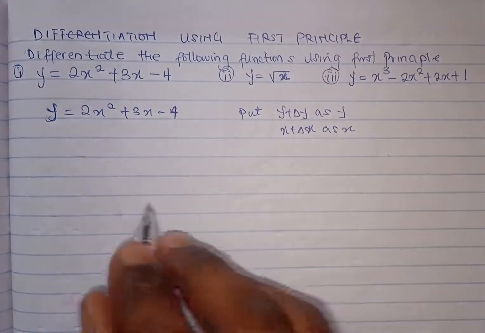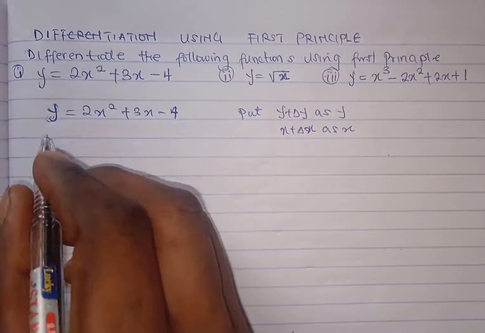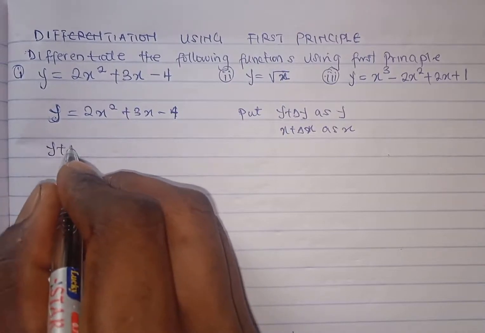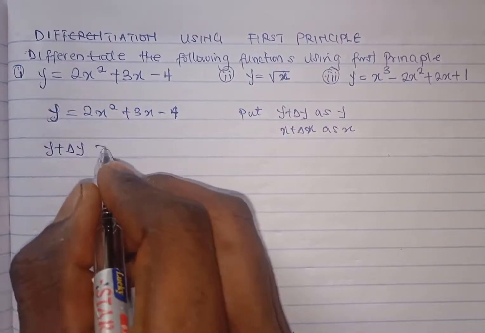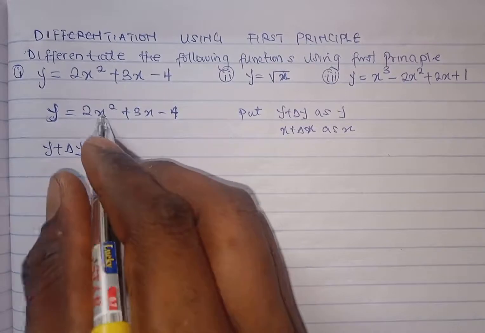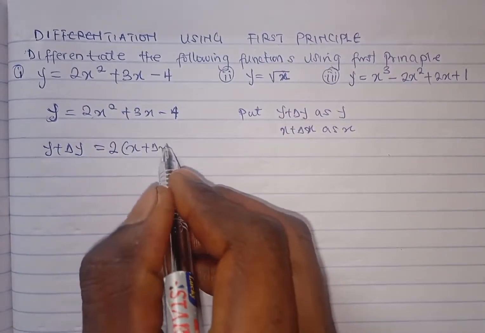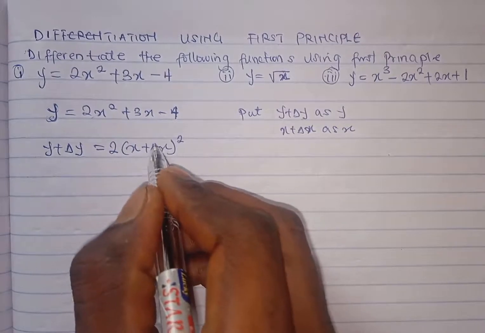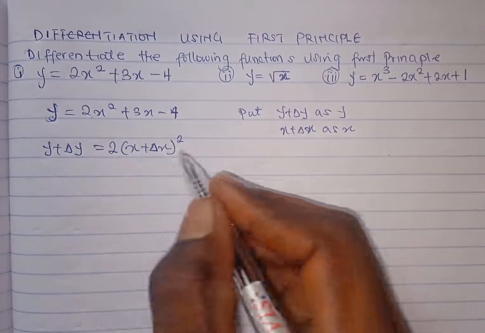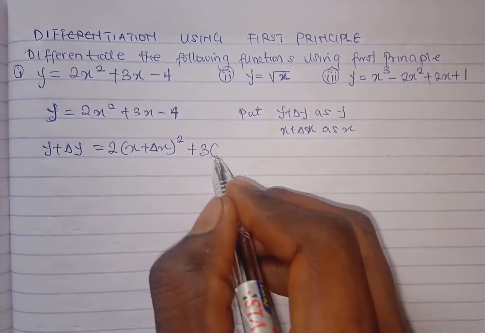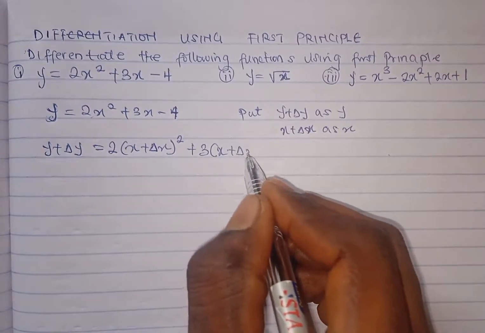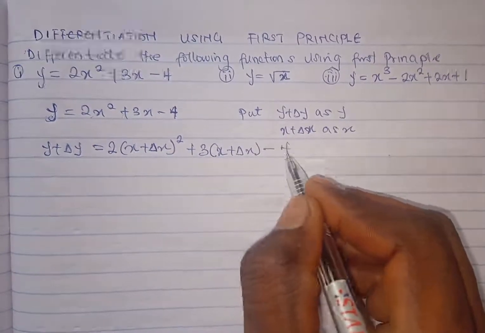Do you get it? So let's go. Here I'm having y, so it's going to be y plus change in y, which is equal to 2 times x plus change in x, all squared, then plus 3 times x plus change in x, then minus 4.